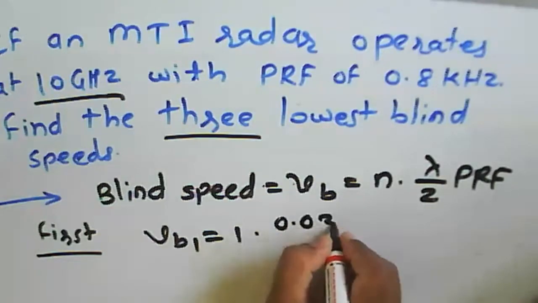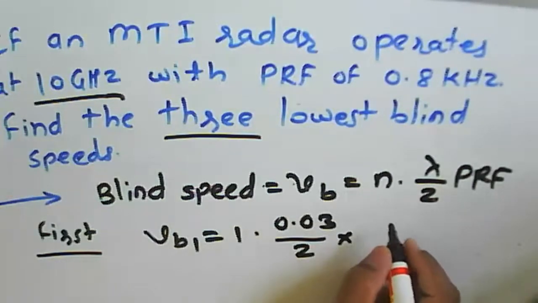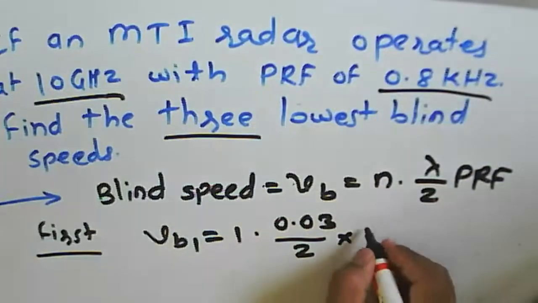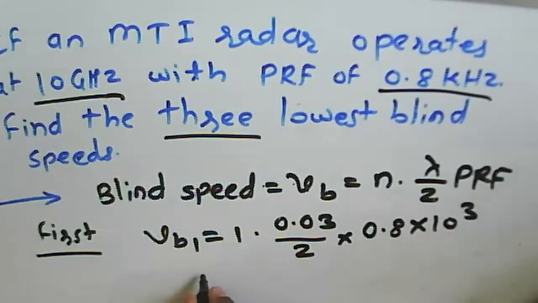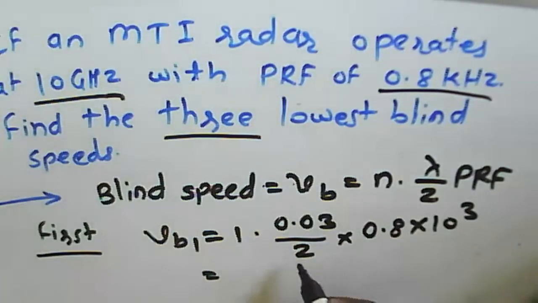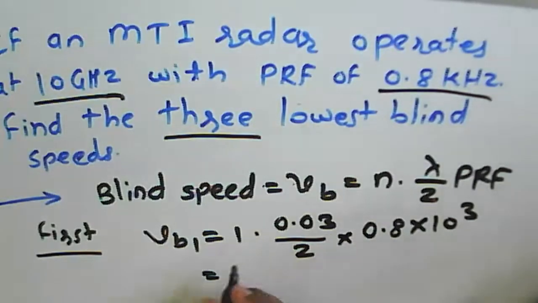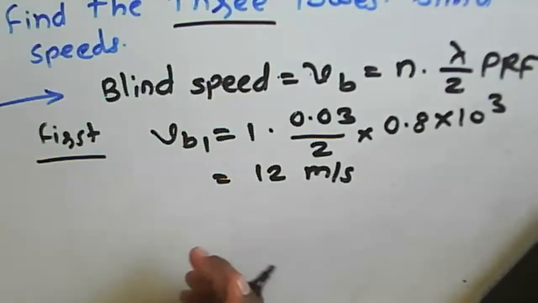So 0.03 divided by 2 into the pulse repetition frequency, 0.8 into 10 to the power 3. Solving it, 8 divided by 2 is 4, 4 into 3 is 12. So the first blind speed is 12 meters per second.